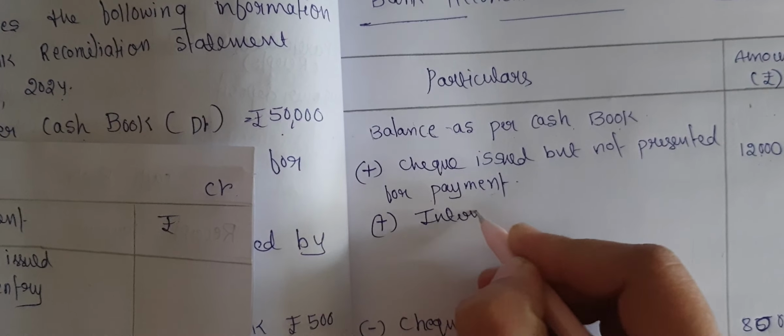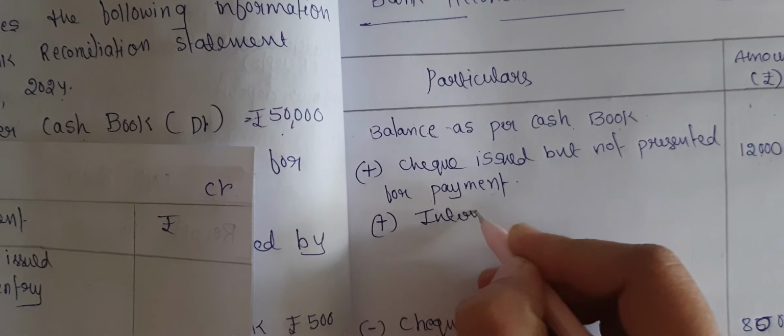Now the second step is comparison of cash book and passbook. Here the cash book balance is more than the passbook. There is no change in the passbook balance because there is no entry, as the check was dishonored.